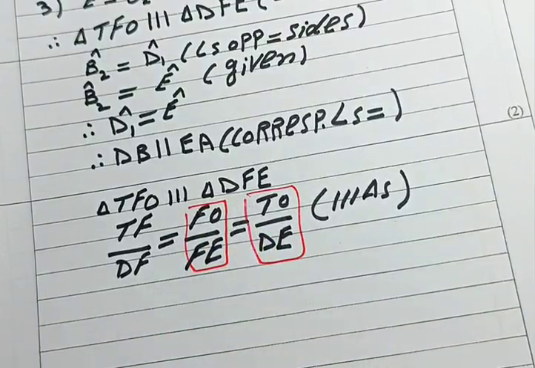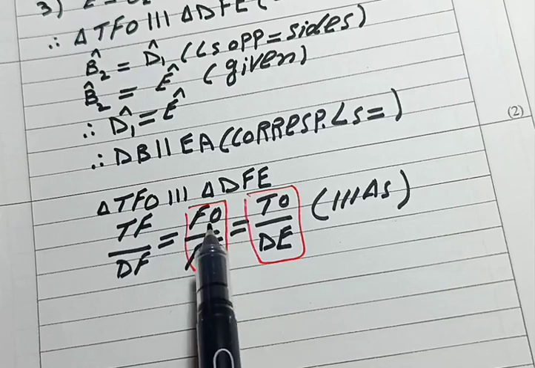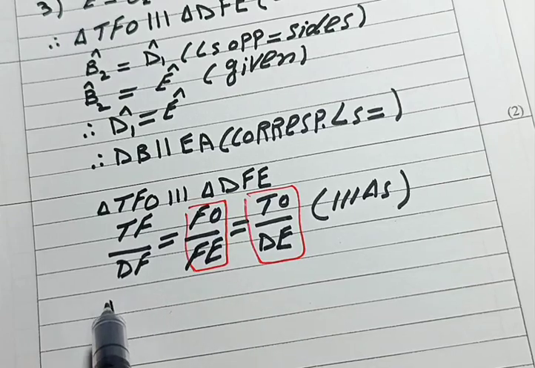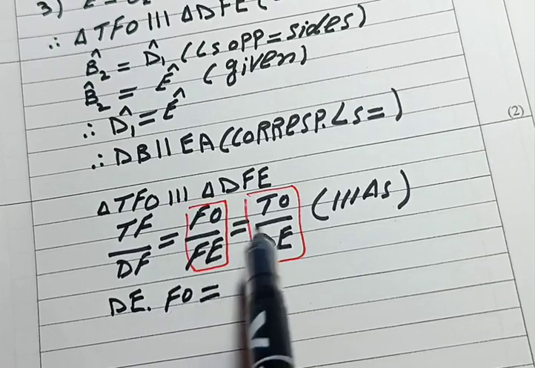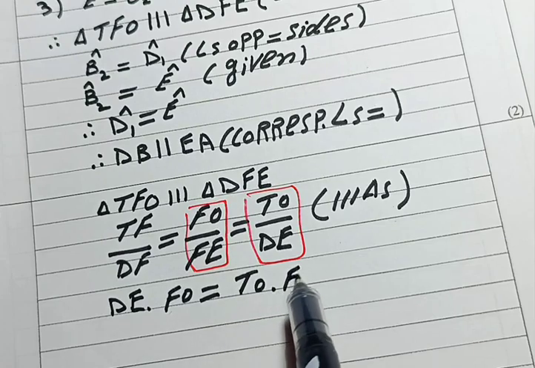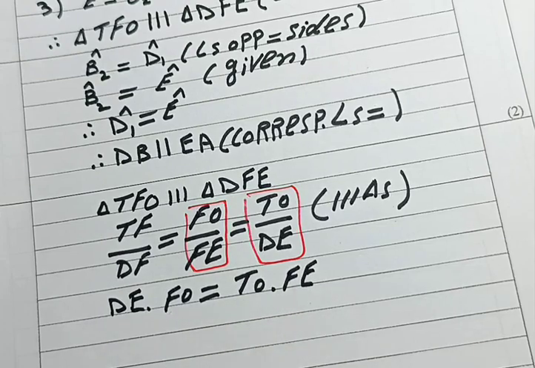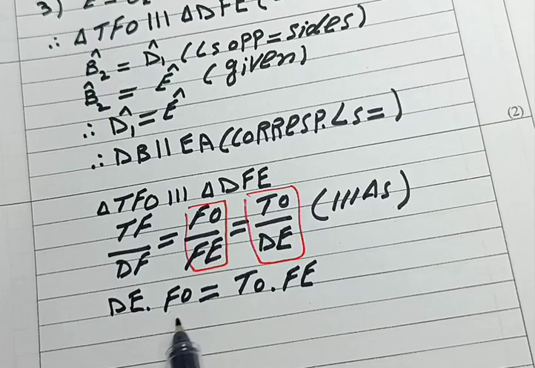I highlighted what I need. So I'm going to cross multiply these two. DE multiply FO is equal to TO multiply FE. You can write either one first.